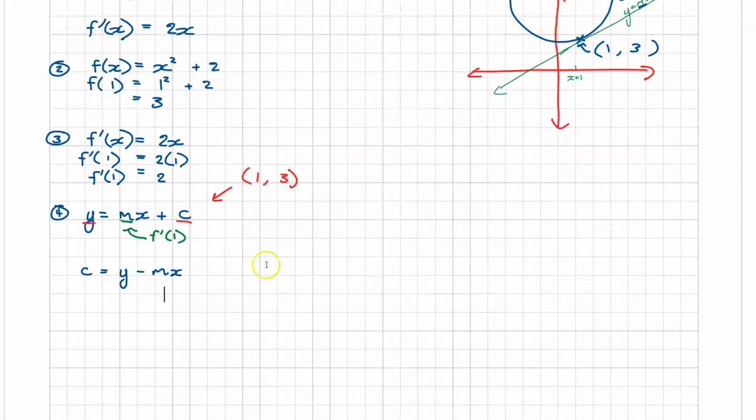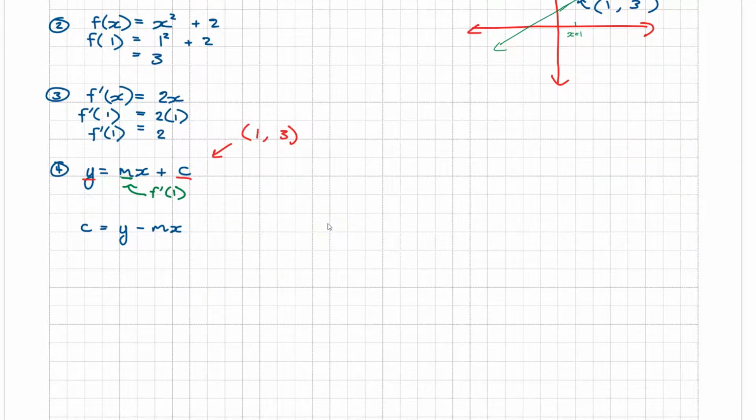In the notation we've been using here, it's c equals f of x minus f dash of x times x itself, and in this case x equals 1.